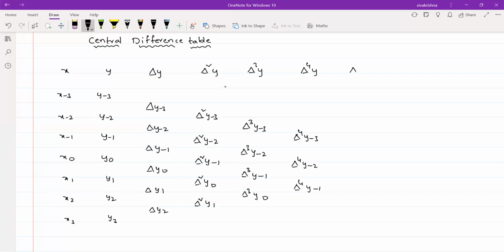Coming to fifth differences, delta power 5 y suffix minus 3 and delta power 5 y suffix minus 2. And finally delta power 6 y suffix minus 3, which is the sixth difference. In this way we can construct a central difference table.